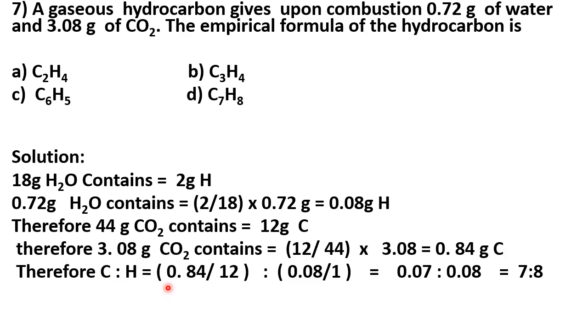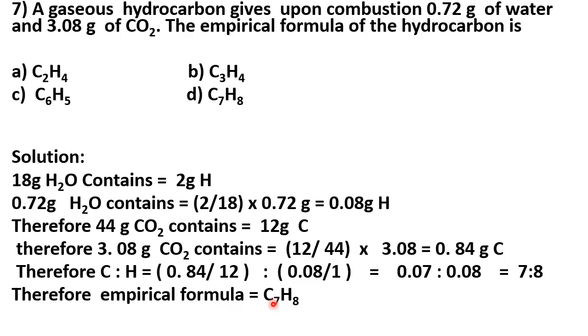For carbon, mass is 0.84 and atomic mass of carbon is 12. For hydrogen, 0.08 and atomic mass is 1. If you do the ratios, it becomes 0.07 is to 0.08, that is 7 is to 8. So therefore the correct option is option D, C7H8.